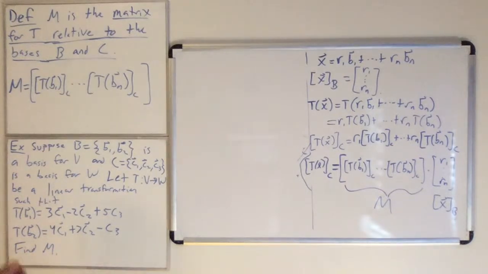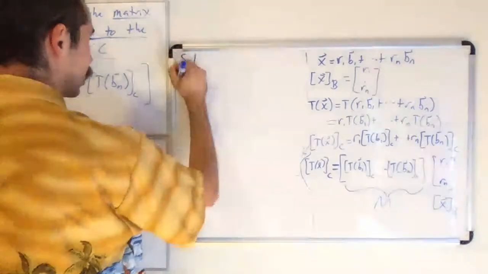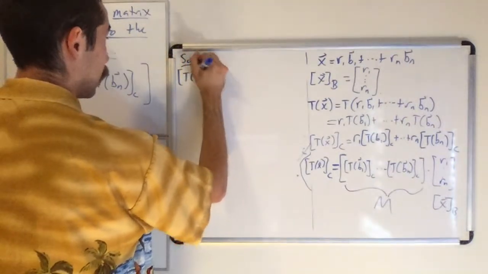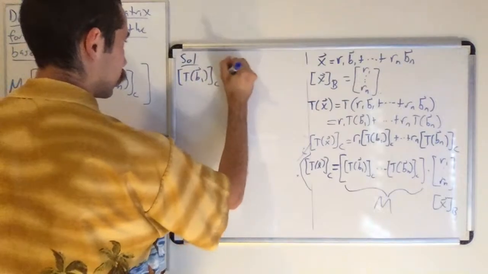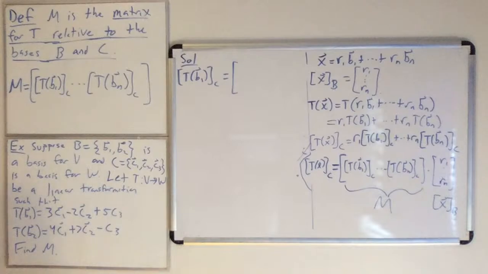Okay, yeah, that's exactly it. So just note that the C coordinates of the image of B1 is the vector 3, -2, 5.